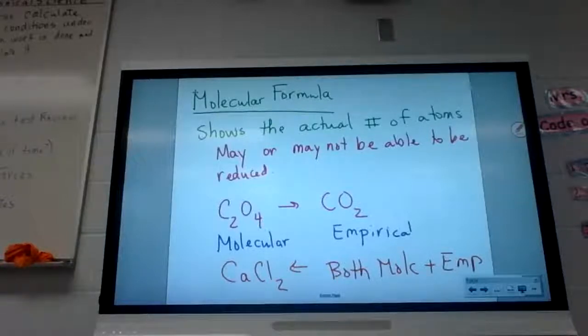It's already in lowest terms. It's got a 1 and a 2 already. So C2O4 can be reduced. So, excuse me, it's molecular. But CO2 is empirical because it is in lowest terms. But CaCl2, we can't reduce. It's already in lowest terms. So it's both. Does that make sense to everybody? Yes. Okay. So now we're going to calculate a molecular formula. Now, we need two things.